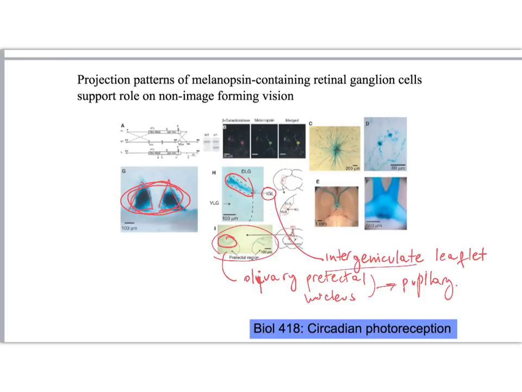And we still don't really know what the projections to the leaflet do, but we know that the intergeniculate leaflet also modulates circadian rhythms. So you are responsible for knowing the general strategy that we used in this paper to demonstrate that indeed melanopsin cells reach these centers in the brain.